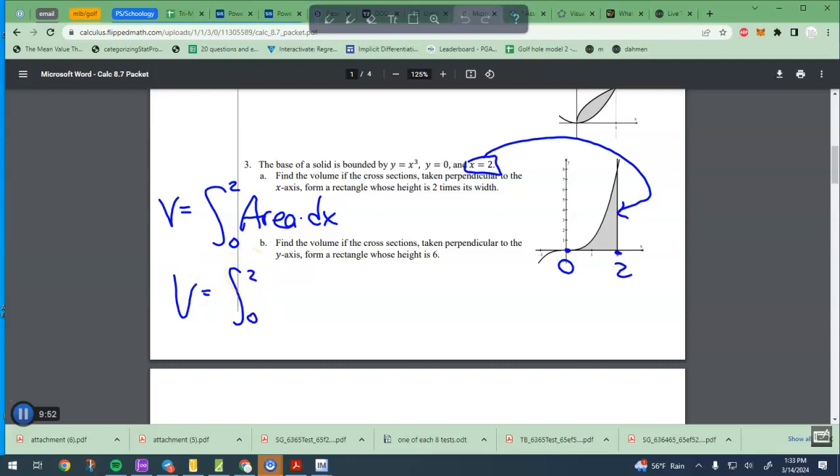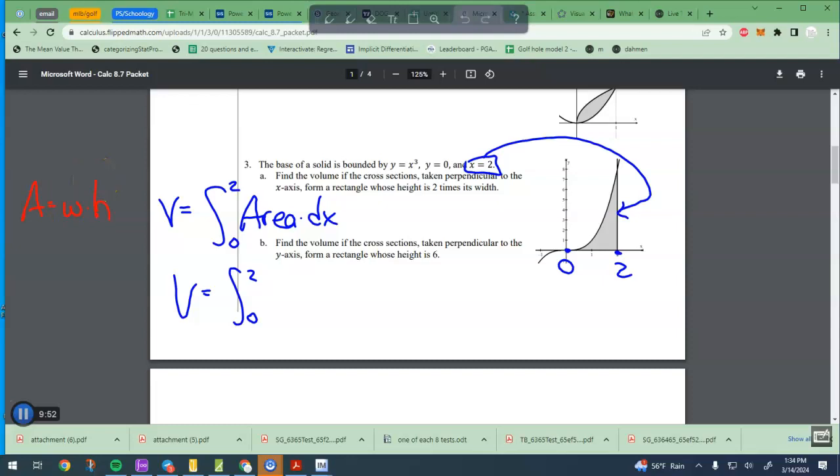What's the area of a rectangle if the height is 2 times the width? I think when I say it, it sounds harder than it actually is. So I have a rectangle, width times height, right? Area equals width times height.